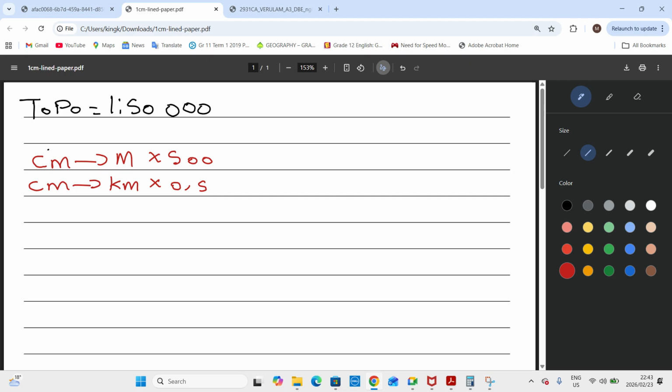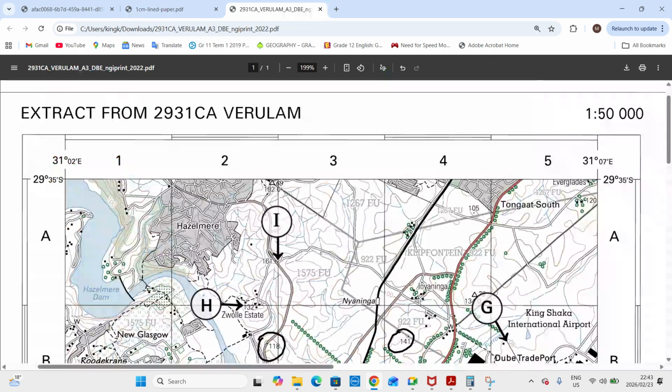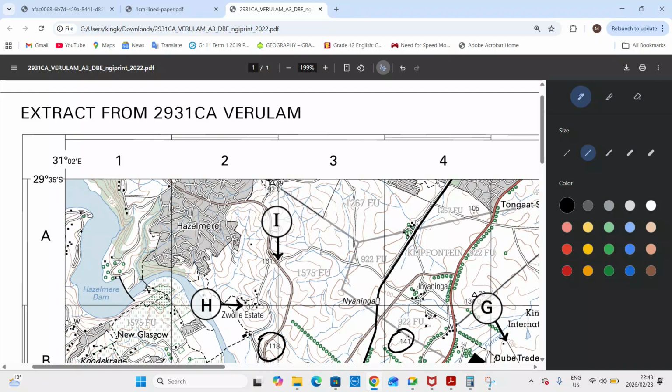Say that you are tasked to calculate the distance from I, right over here, to H, right over there. What do you do? You will use a ruler to make sure that it is as straight as it can possibly be.